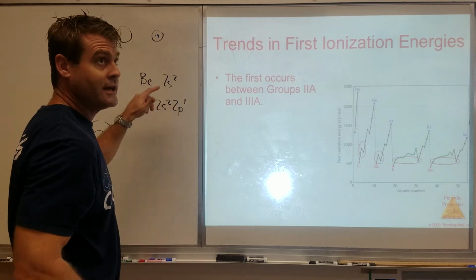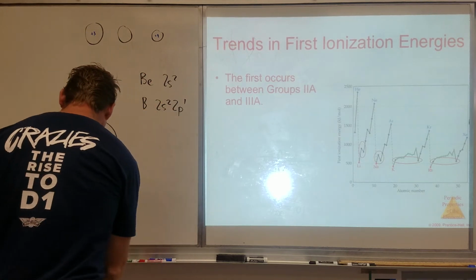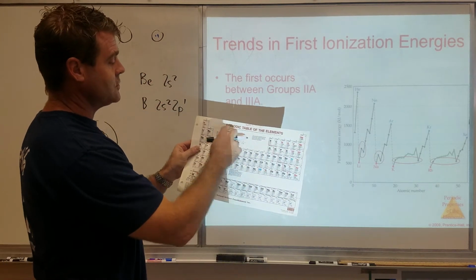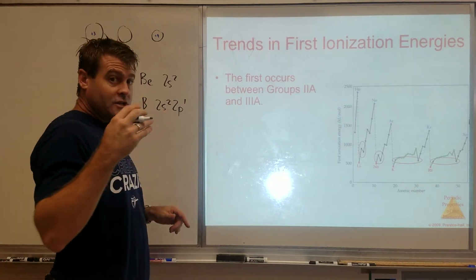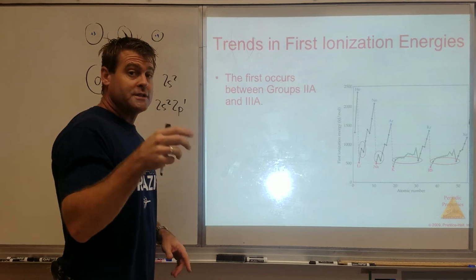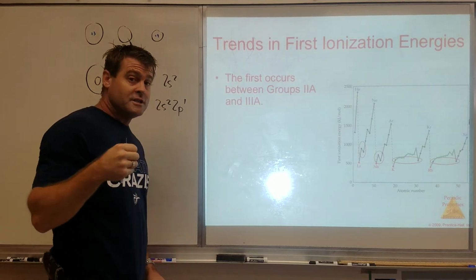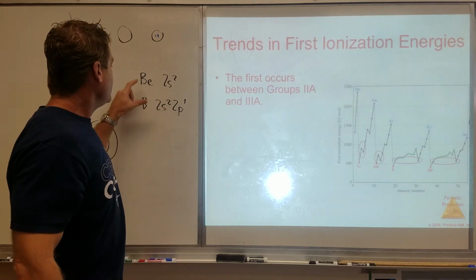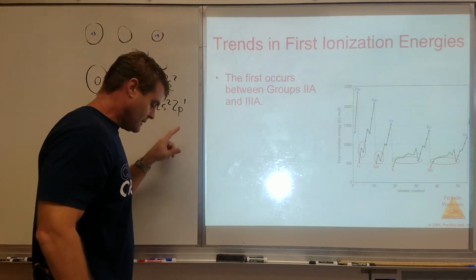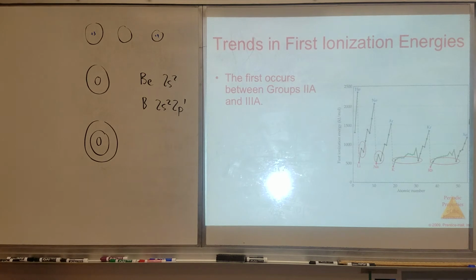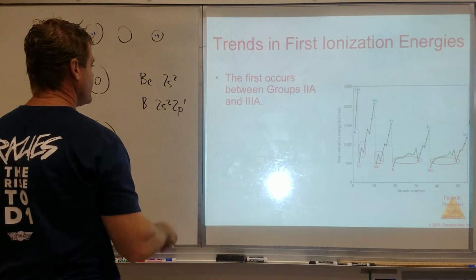Boron has 3 valence electrons, beryllium has 2. In general, as you go left to right, it requires more and more energy to remove the outermost electron. But it's actually slightly easier to remove boron's outermost electron than beryllium's.